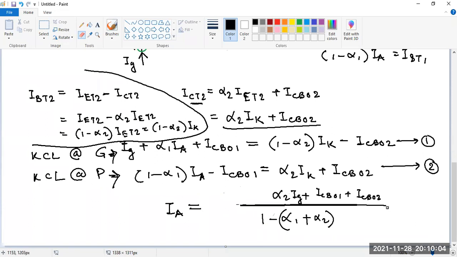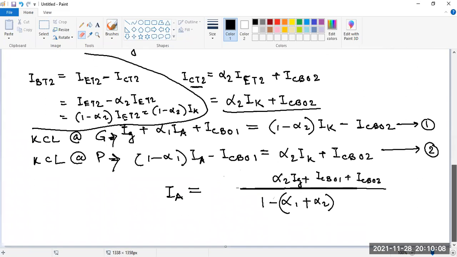Is it okay? What you have obtained? Yes sir. Now here one thing you have to understand, or you can see from this equation, that if you have the value of two alphas nearly equal to 1, what will happen?